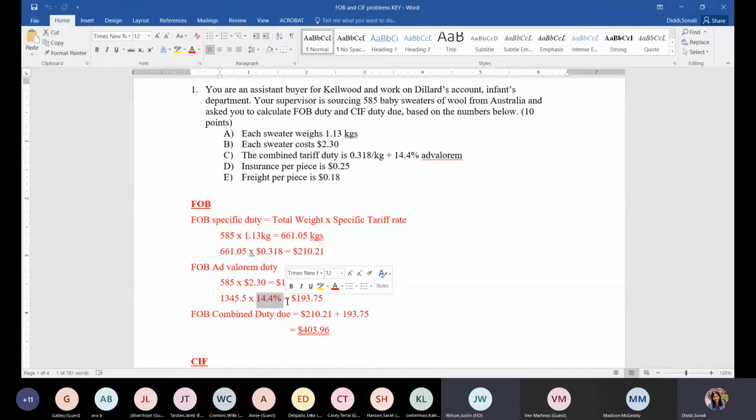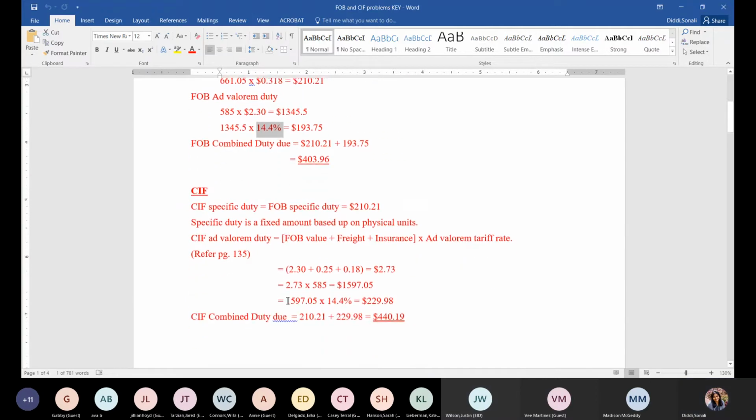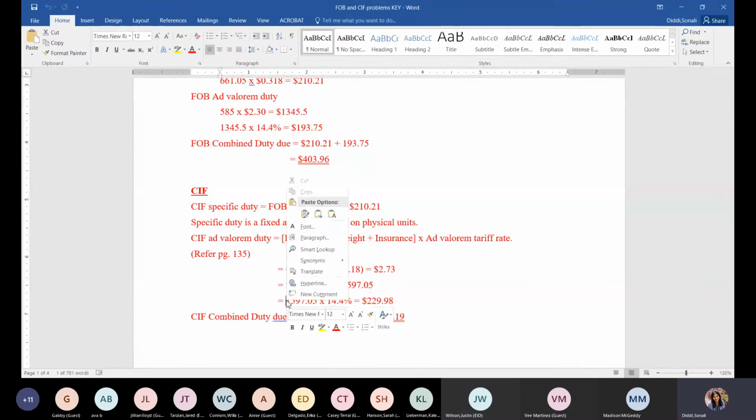So if I had asked you what is the final FOB price, that's when you would have to do that. But here we are just calculating the duty part of it right now. We are not calculating the FOB price as such. Okay, yeah, I got a little confused on that. Okay. Does anybody else have any question?